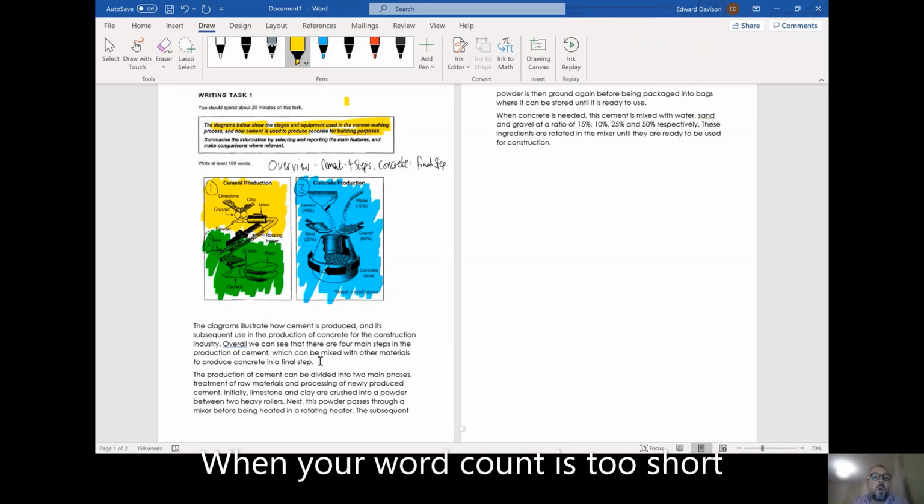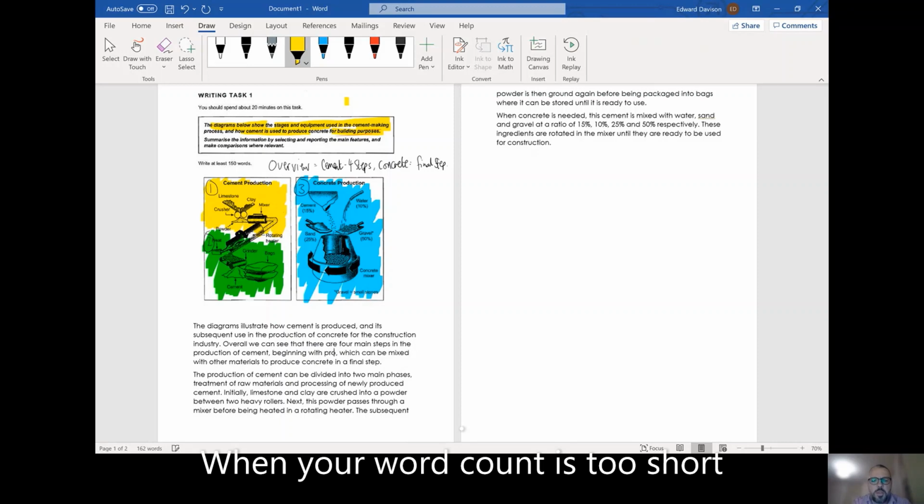Well, you could look back at your overview and add first and last stages, for example. In my overview, I mentioned the production of cement had 4 steps. I might mention on top of that, in the production of cement, beginning with treatment, no, hang on, I said treatment already.